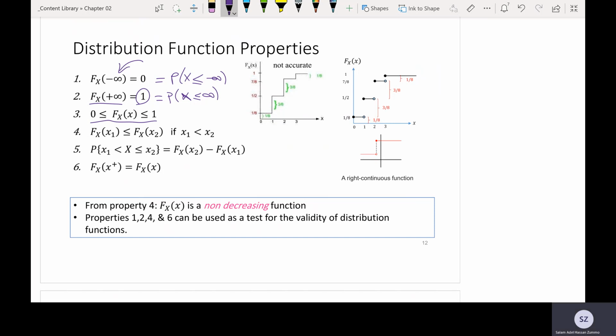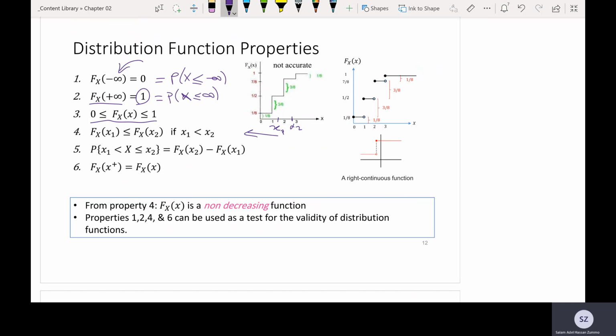Now, if I want to compare the value of the CDF at two different values, x2 and x1, what is the relationship between them? x2 has to be either bigger or the same. Why? Because F(x1) is the probability that x is less than or equal to x1, so it includes everything before this point.